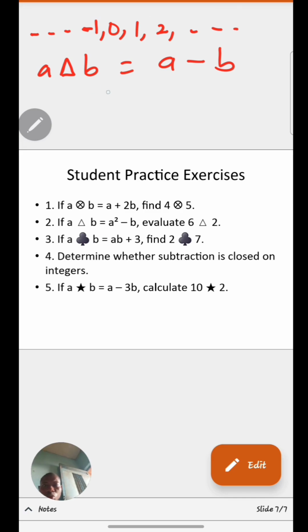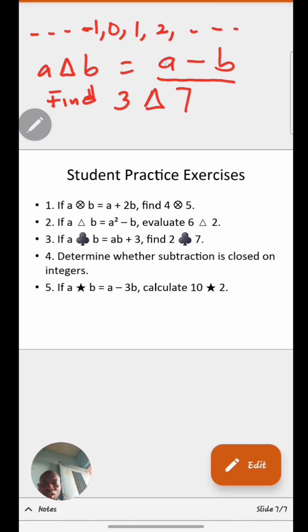So we want to check whether subtraction is closed, whether after applying this operation, the result we get will still fall under integers. Let's say we want to find 3 operation 7.